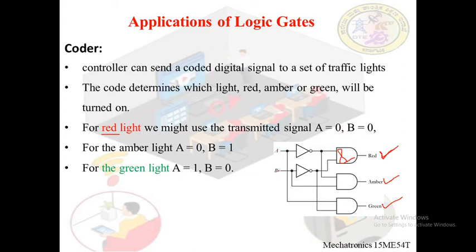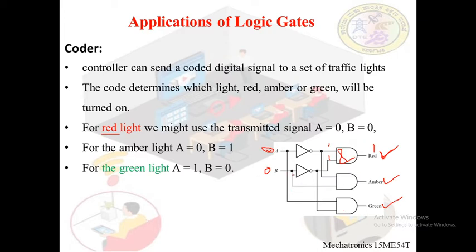The switches A and B will be in off state or low state. Now let us try. A passes through the NOT gate and gets transformed into 1, and B also transforms into 1. So 1 into 1 is 1, red light glows.